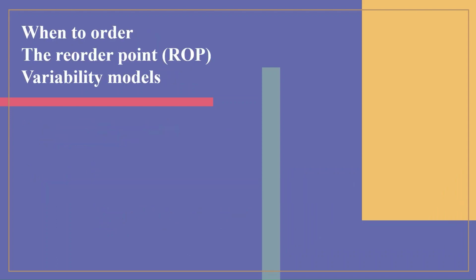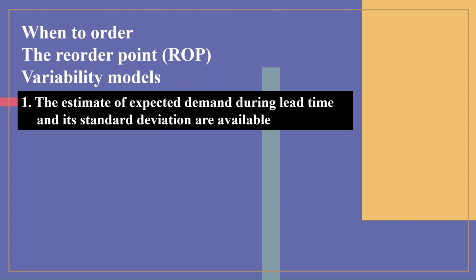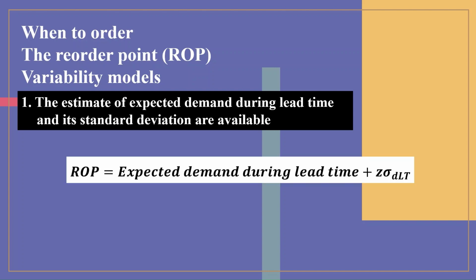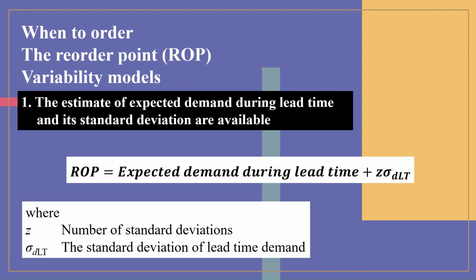Let us look at several models that can be used in cases when variability is present. The first model can be used if an estimate of expected demand during lead time and its standard deviation are available. The formula is ROP equals expected demand during lead time plus Z multiplied by sigma DLT, where Z is the number of standard deviations and sigma DLT is the standard deviation of lead time demand.